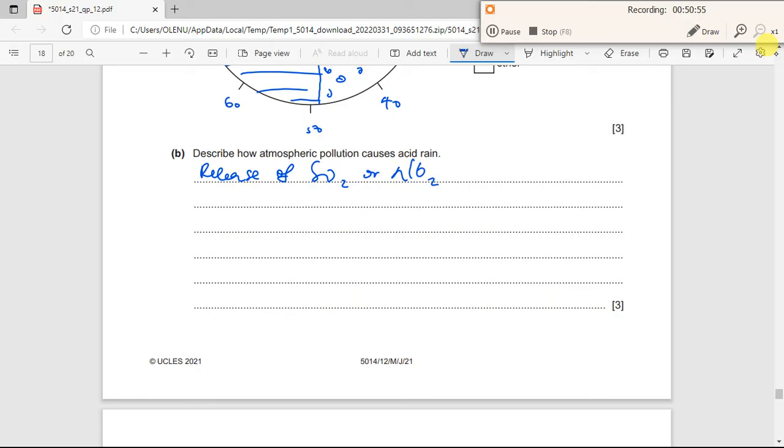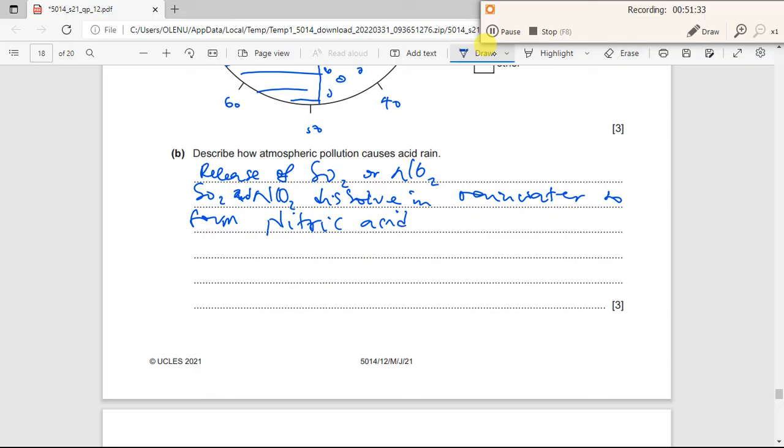What will happen is, SO2 and NO2 dissolve in rainwater to form nitric acid, or you can have sulfuric acid.